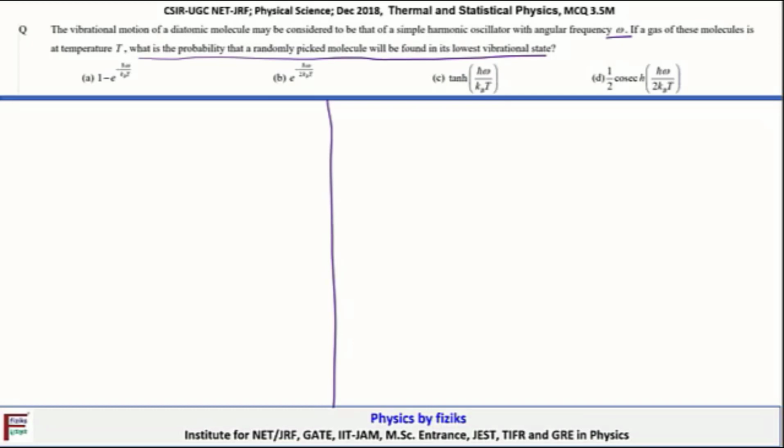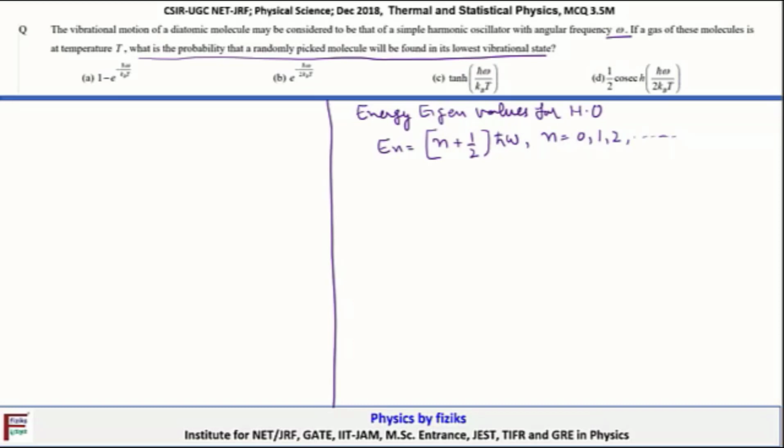The energy eigenvalues for the harmonic oscillator are given by En equal to n plus 1 by 2 multiplied by h cut omega, where n can run from 0, 1, 2 and so on.